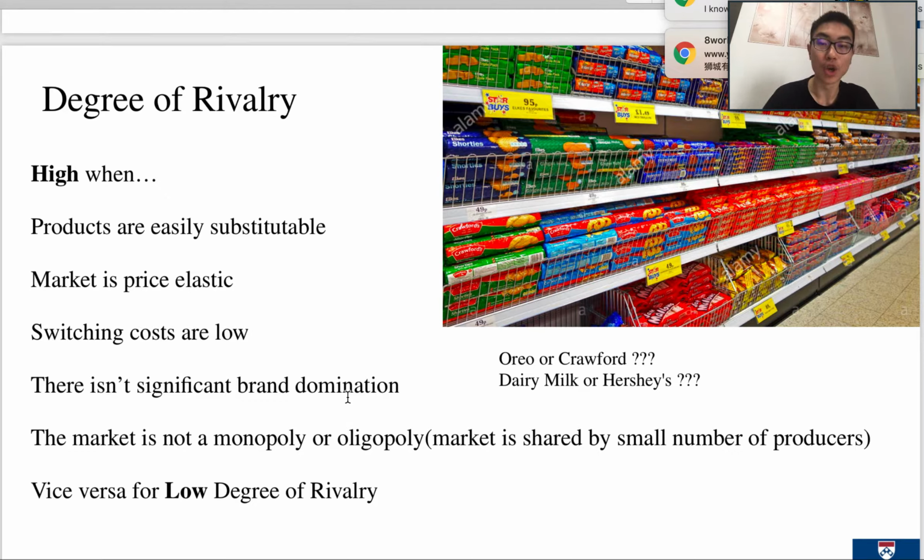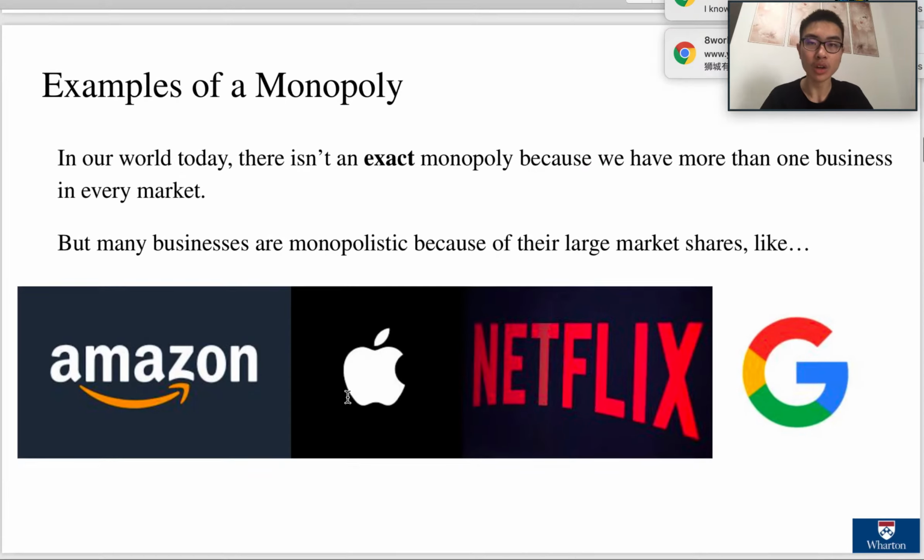And vice versa for low degree of rivalry: it happens when products are not easily substitutable, the market is price inelastic, switching costs are relatively high, there is significant brand domination by a specific company or companies, and the market is most likely an oligopoly.